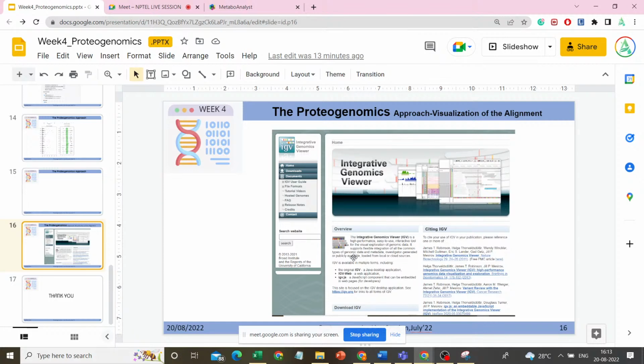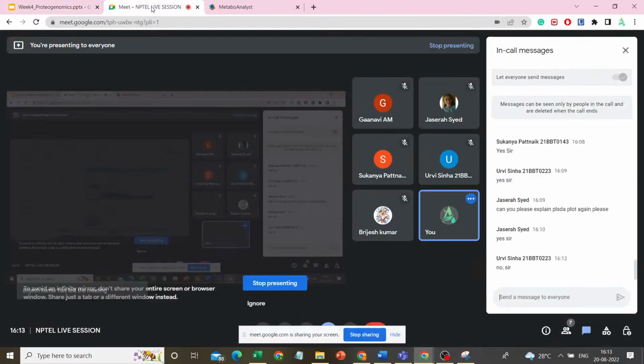After you visualize this, another step would be the alignment quality check. I'll tell you about the tools in the next class. So this is the Integrative Genomics Viewer, with which you can visualize the genomic alignments.